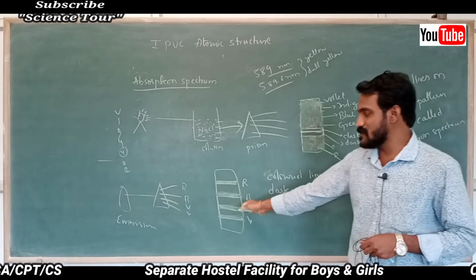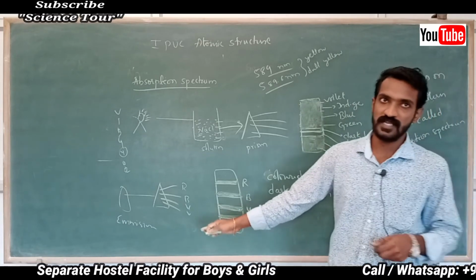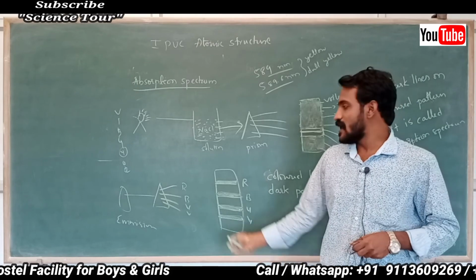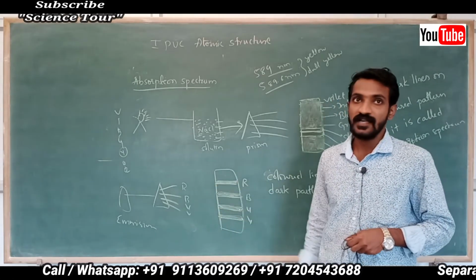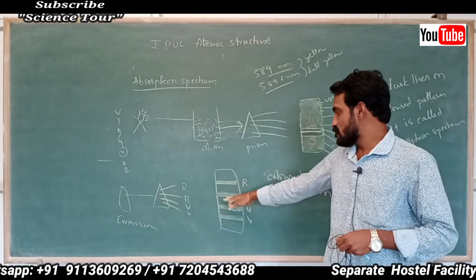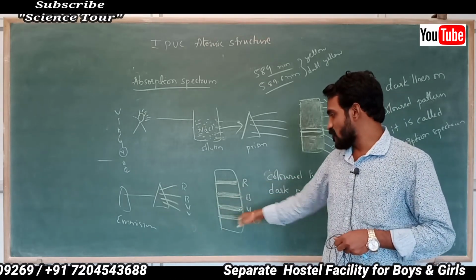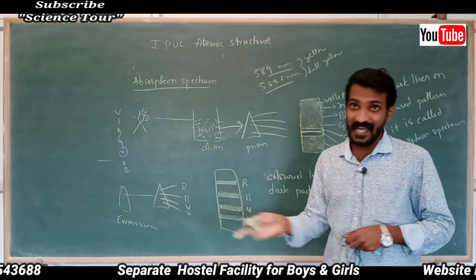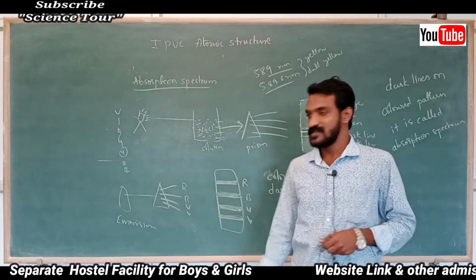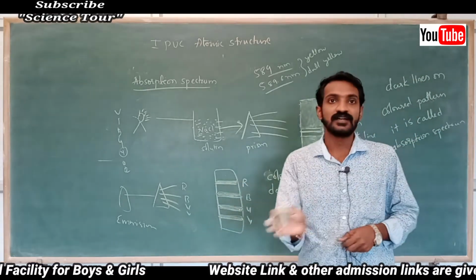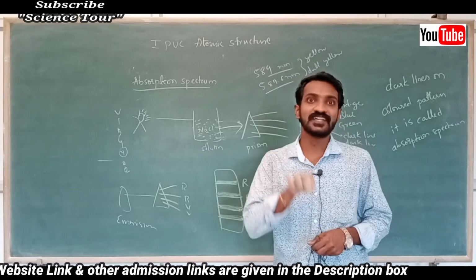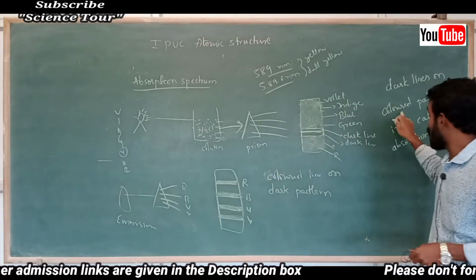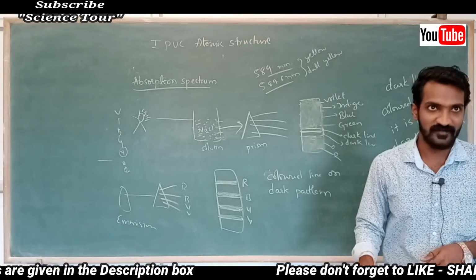In this case, emission spectrum, hydrogen atom is heated, it emits colors, and that color is passed through a prism, and again you are arranging the pattern: red line, blue line, violet line, violet line, colored lines on dark pattern. Here this space is dark, you can see colored lines on dark space. In this one, dark line on colored space.